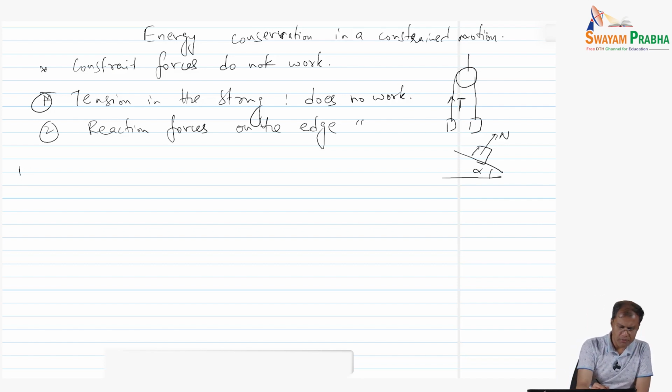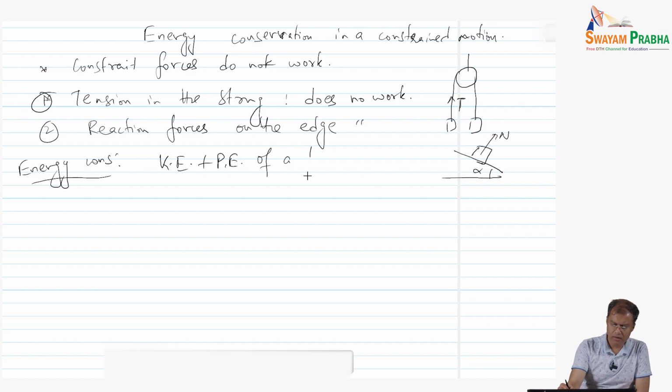So let me rewrite the energy conservation principle for constrained motion: the sum of the kinetic energy plus the potential energy of a particle subject to constraint in a conservative force field remains constant.